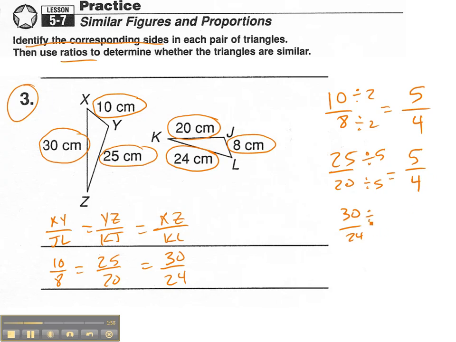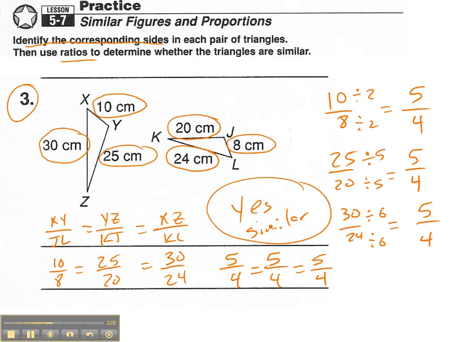And for this last ratio, the greatest common factor is 6. 30 divided by 6 is 5, and 24 divided by 6 is 4. So all three ratios simplify to 5/4. They are all equal, and the triangles are similar. If the corresponding sides of similar triangles are proportional, then the triangles are similar. So yes, these are similar.